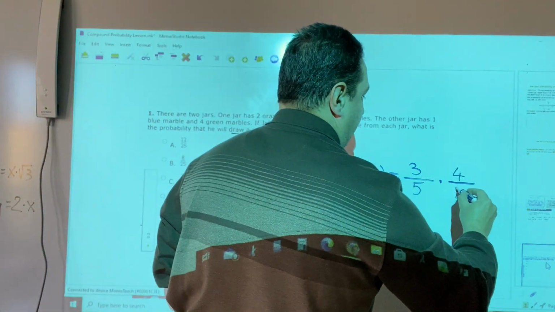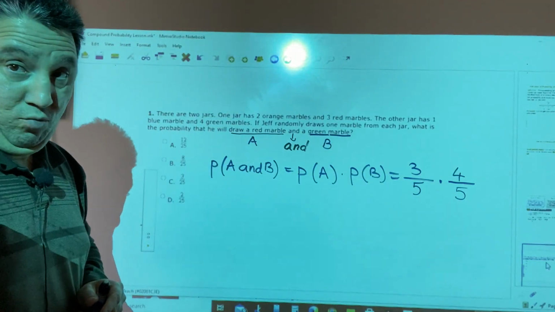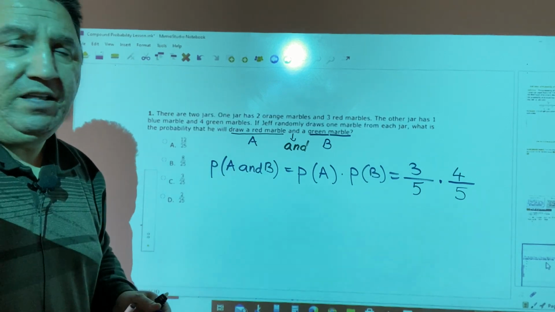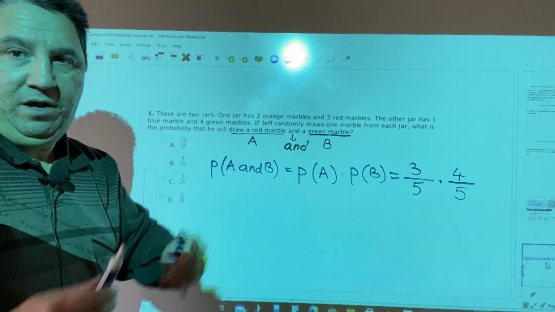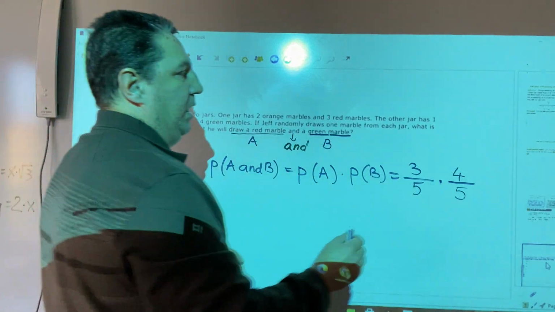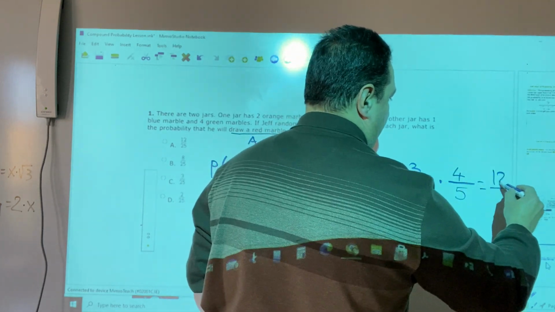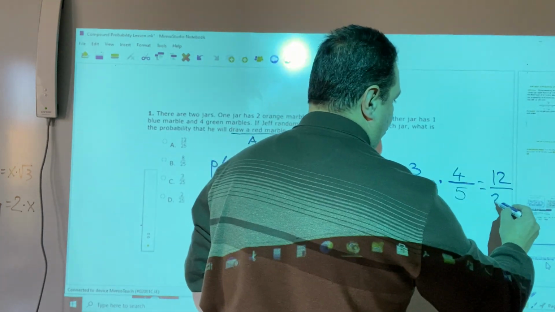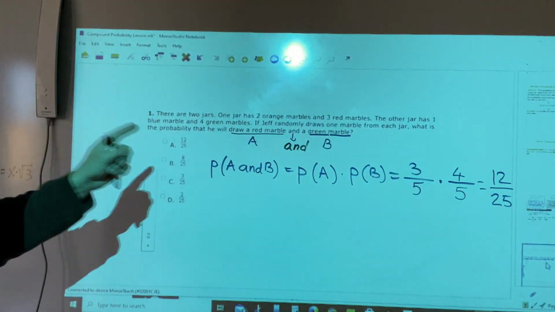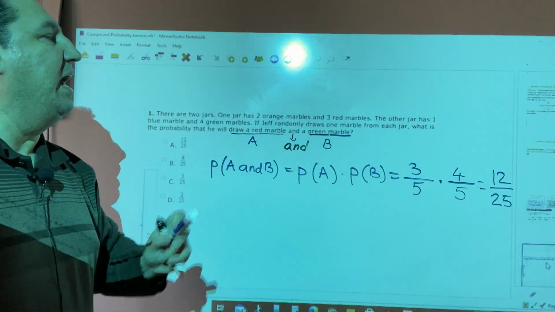Good. All we need to do is multiply these fractions because they cannot be simplified. We simply multiply tops and bottoms. So we're going to have 3 times 4 is 12, 5 times 5 is 25. And that's the probability of drawing a red marble and a green marble.